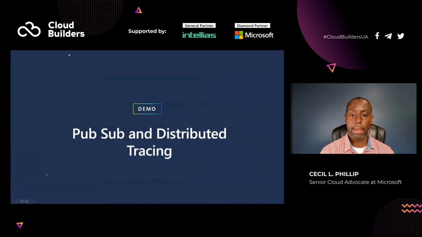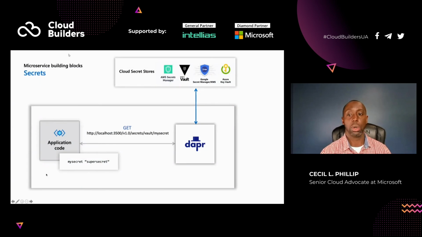All right, so let's head back over to our slides really quick. Like I mentioned, we just spoke a little bit about secrets. I showed you how to get secrets declaratively. If you notice, I had a secrets manifest file, and then I had another one that was using that same secrets to pull information for my Redis instance.